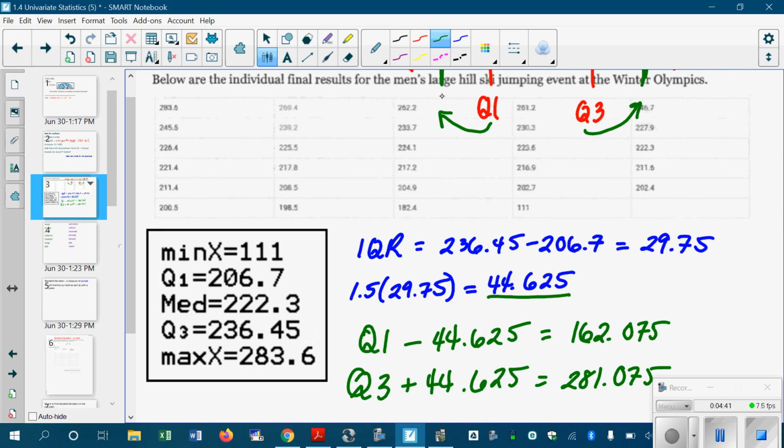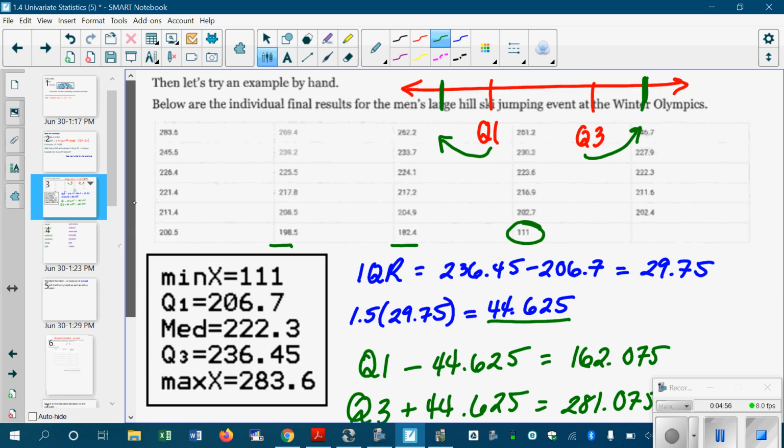So now I need to look, do I have any data that lies outside of that? So first the 162. These numbers are higher than that, so they are within bounds, but this number is lower. So like on my number line, this is where 162.075 would be, and the data point for 111 would lie outside of this fenced in region.